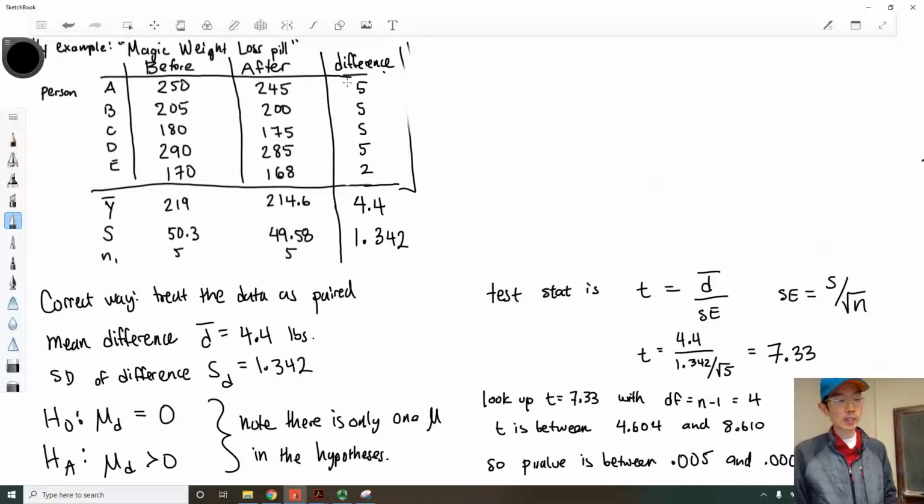Okay. And again, in both cases, you are not treating them as independent samples of data, but you're only going to look at the difference between the two groups. The difference.